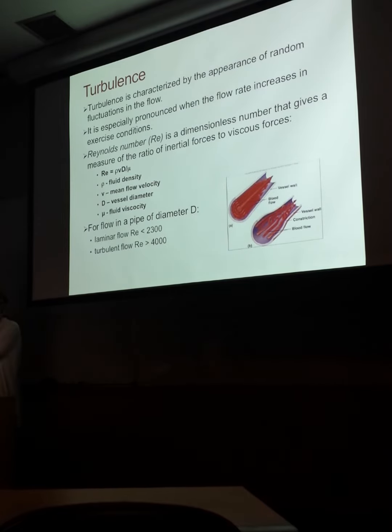You may have heard of Reynolds number. Has anybody heard that or used it in your research? Okay, a few of you, yes. So that's a ratio that tells us about fluid inertial forces compared with viscous forces.